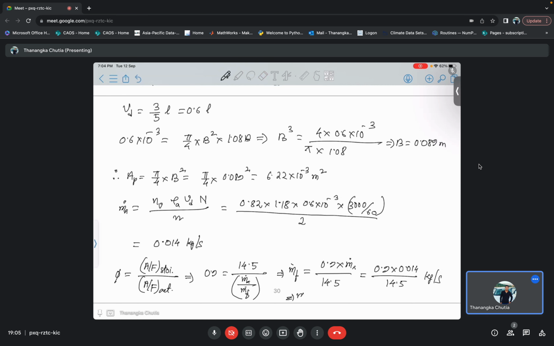So mf dot equals 8.68 into 10 to the power minus 4 kg per second.